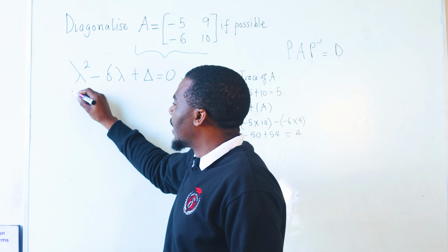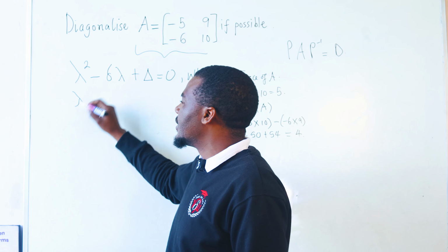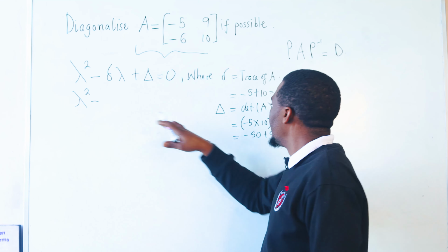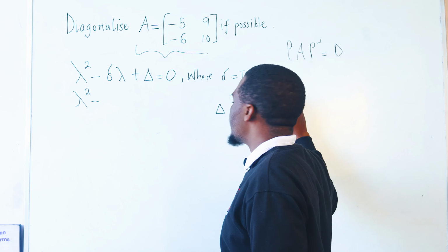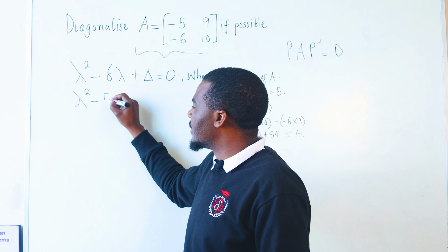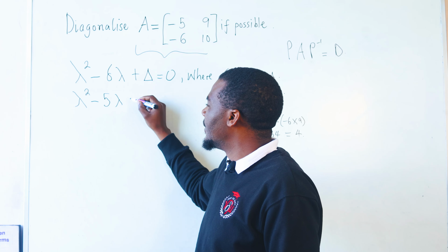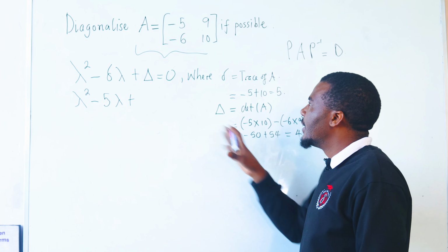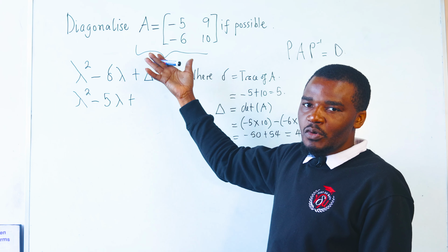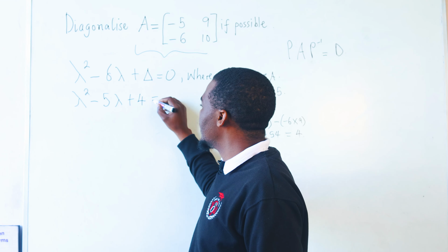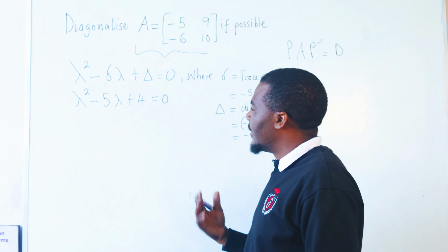So our characteristic equation is now lambda squared minus sigma, which is the trace of the given matrix, and our sigma here is 5. So we get 5 lambda, plus delta, the determinant of the 2 by 2 matrix, which is 4, equal to 0.